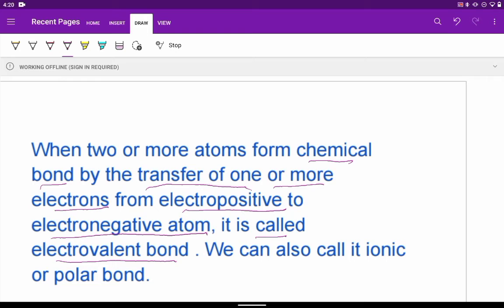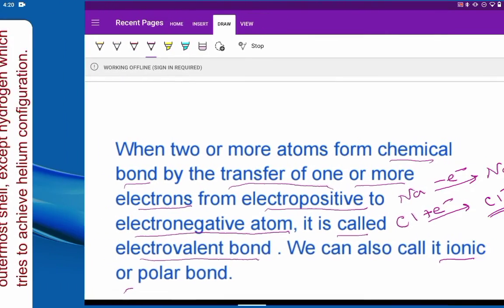Actually, the electropositive atoms like sodium, they lose the electron to form cation like Na+, whereas electronegative atoms like chlorine, they gain the electron and form chloride ion. This is anion. And there will be an electrostatic force of attraction between the cation and the anion, thus leading to electrovalent bond. This is also called ionic or polar bond.